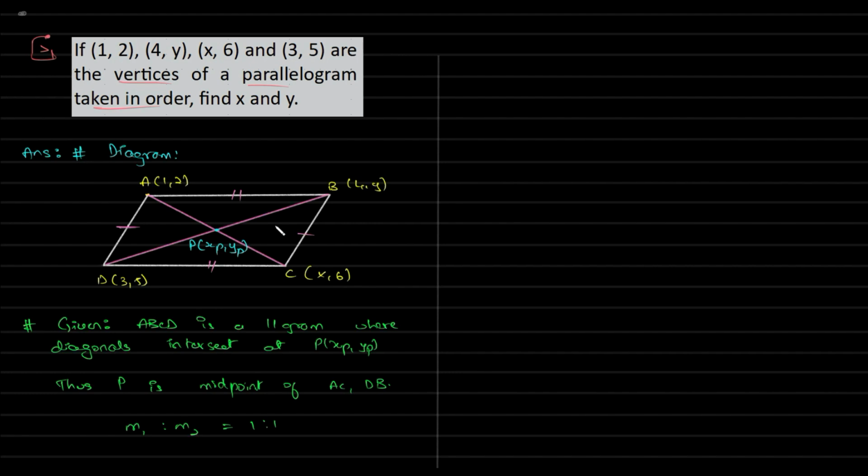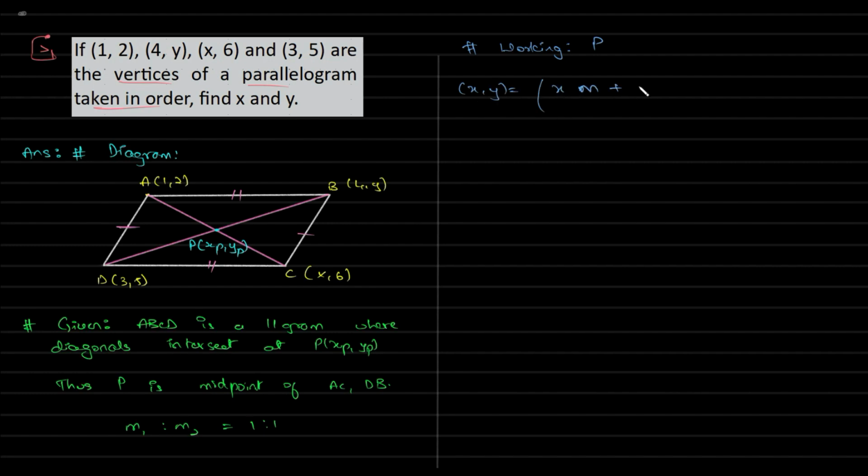Okay. Now we are looking at the working. We have to find P basically first. That's how we can find X and Y. So for that we need to use the section formula, and we need to write it once.